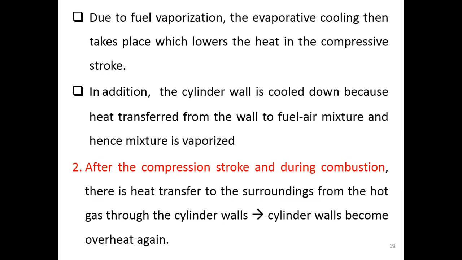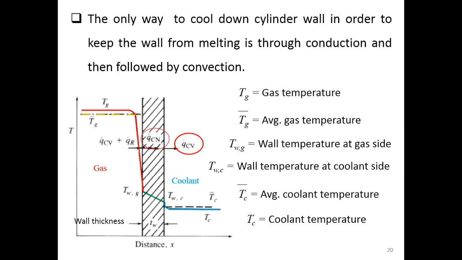Now we have heat transfer from inside the combustion chamber, from the hot gases, out to the surroundings via the cylinder wall. So the cylinder wall that just cooled down due to evaporative cooling becomes overheated again because of the combustion. So you can see the temperature of the wall goes up and down.